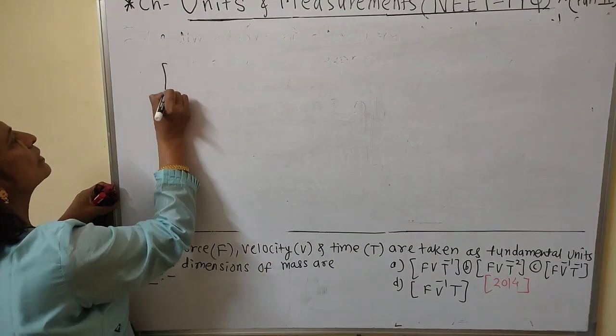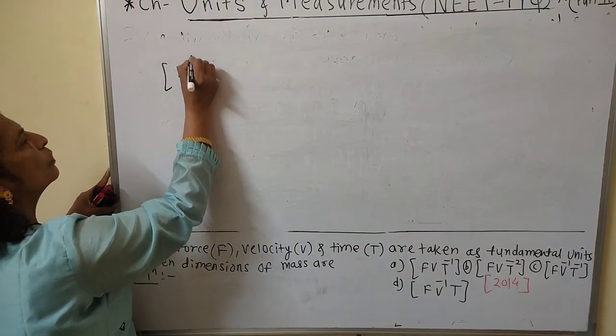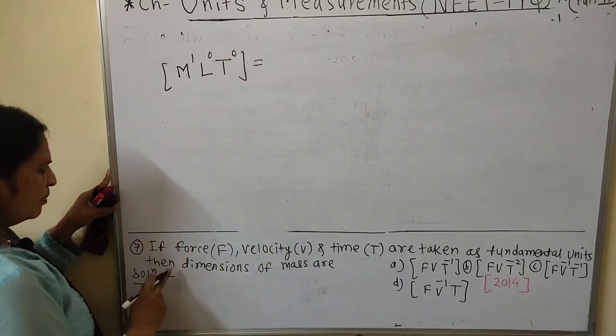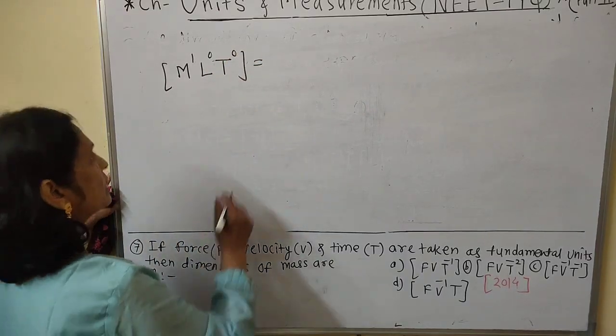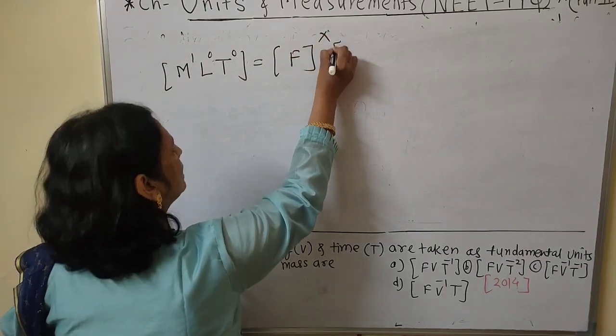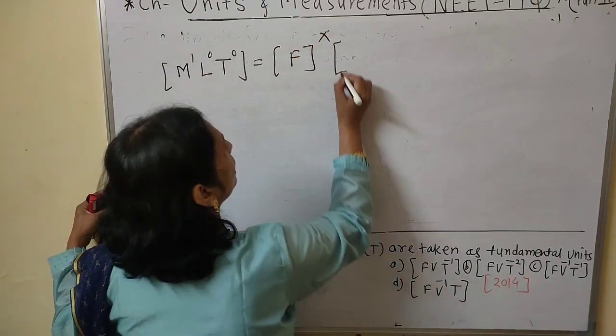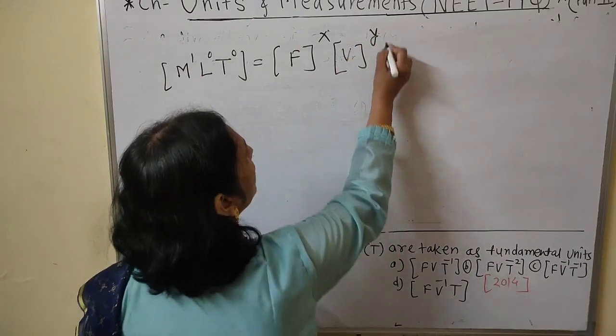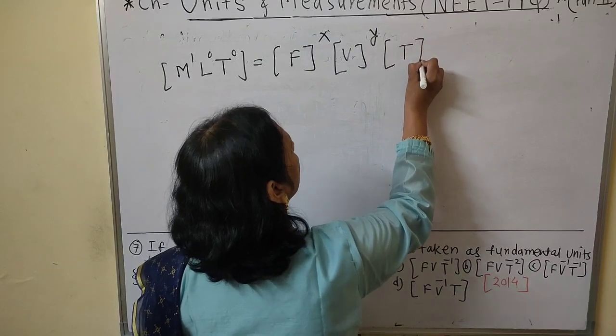Mass M raised to 1, L raised to 0, T raised to 0, that is the dimension of mass. Then force F raised to x, then velocity V raised to y, and time T raised to z.